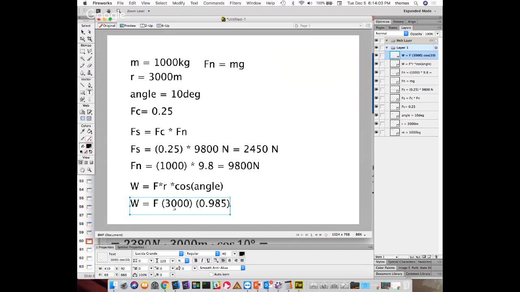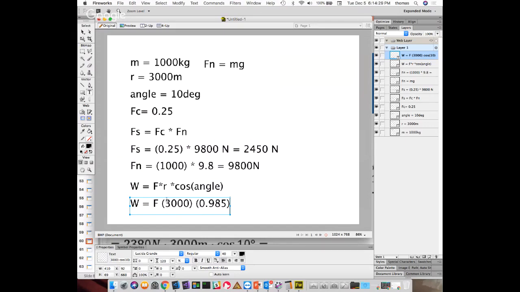We want to kind of get this idea of this is the force that we're being applied, but we also have this other problem. We have this force, the force of static friction, which is 2,450, right? Multiplied by some value of this angle times the distance, right?